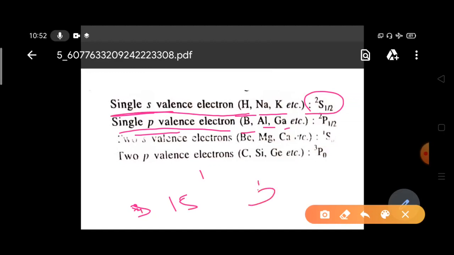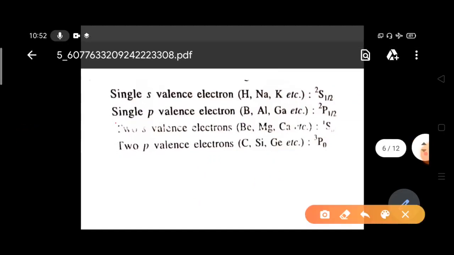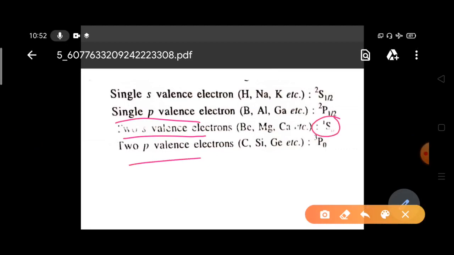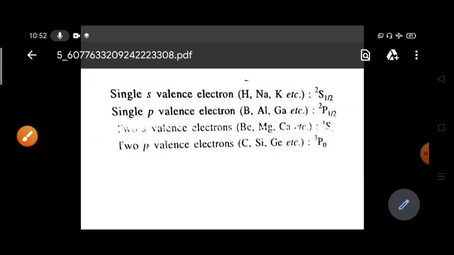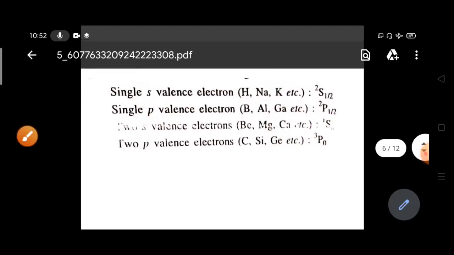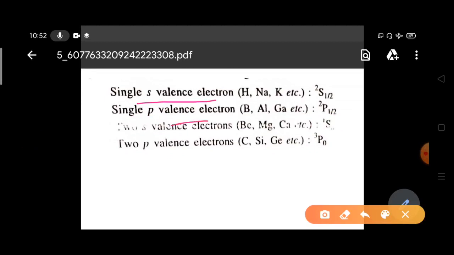So in the p sublevel there is only one electron, the single p valence electron. Now for a 2s valence electron, the term is 2S1/2, and for a 2p valence electron, the term is 2P, like carbon, silicon, germanium, etc. So look here, the spectroscopic energy values are different for the different states.